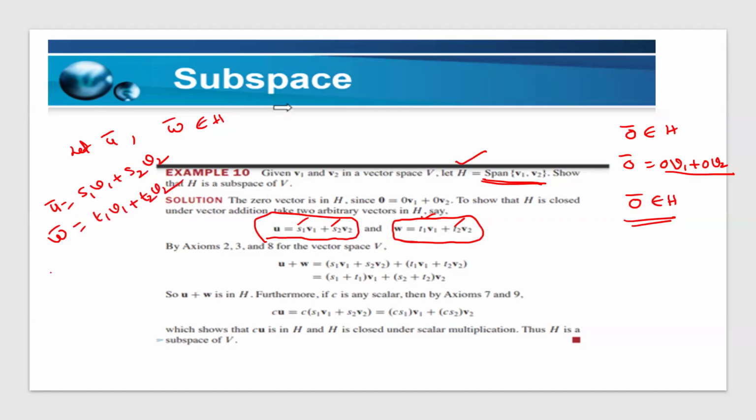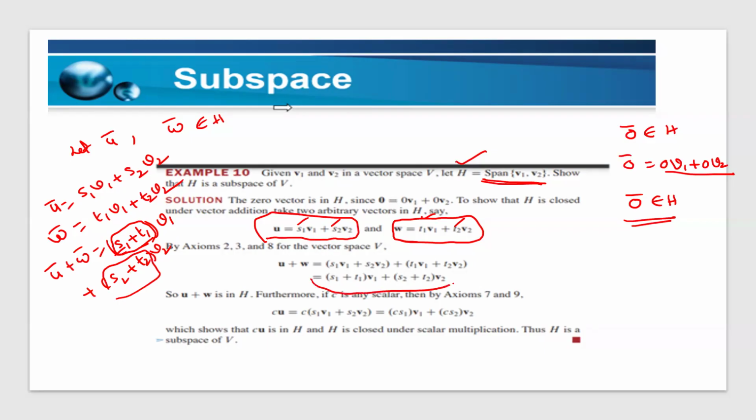Let us add u bar plus w bar. What value do we get? S1 plus T1 times V1 plus S2 plus T2 times V2. S1 is a scalar, T1 is a scalar, so S1 plus T1 is again a scalar. S2 plus T2 is also a scalar.